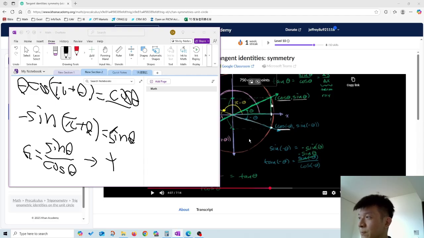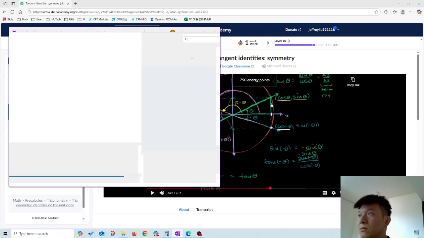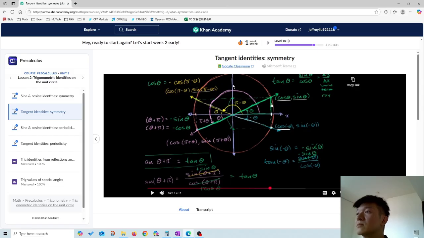But you know that's going to be positive, right? The tangent of the blue point is sine, which is negative, over the cosine, which is positive.